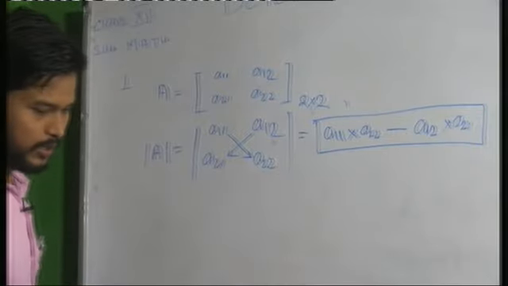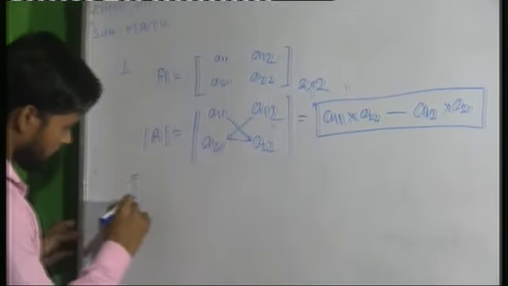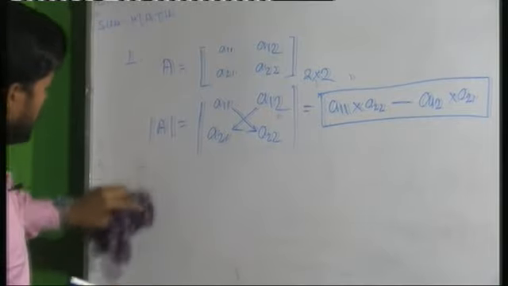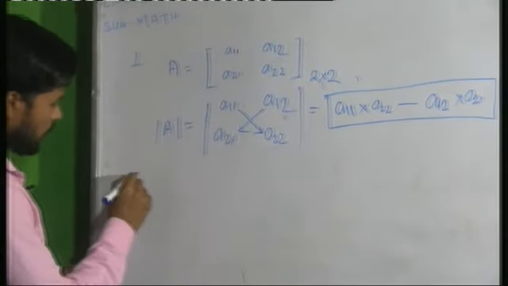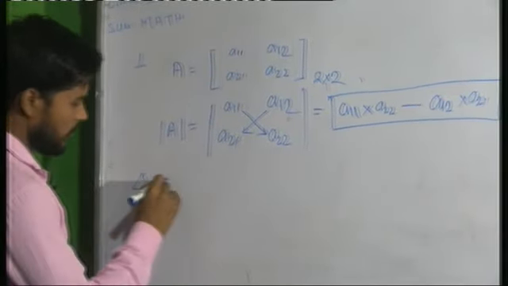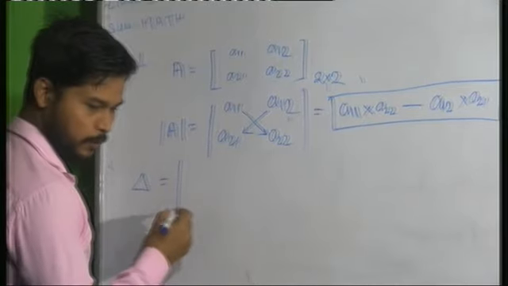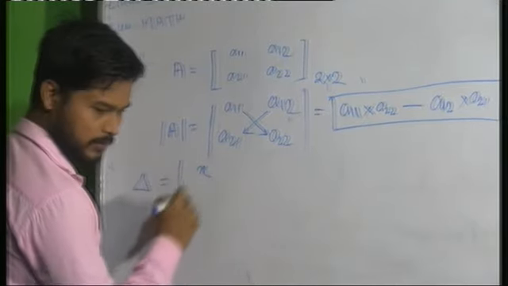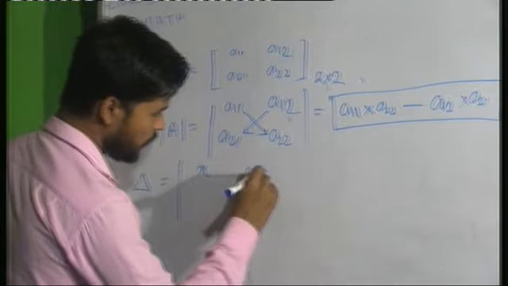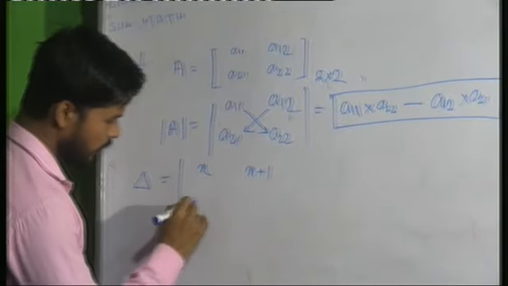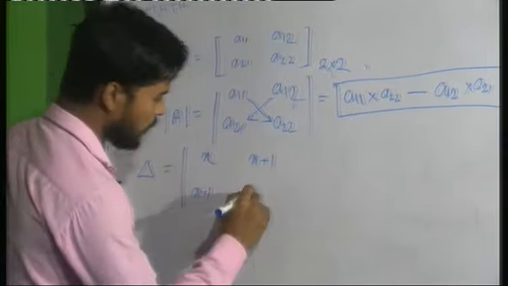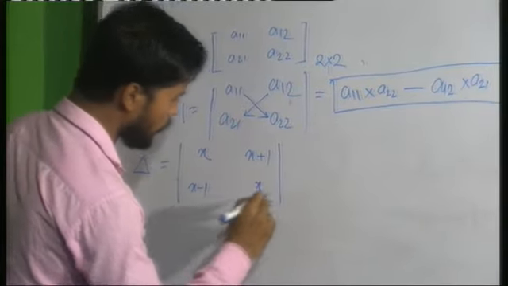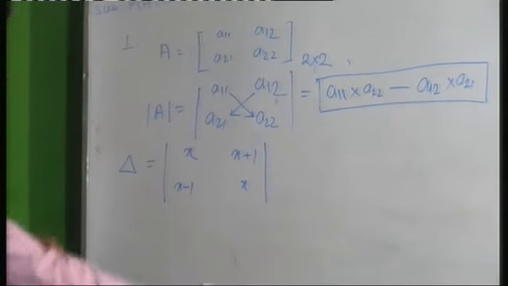Suppose I choose a determinant like that. Let delta be a determinant which is equal to, suppose, x, x plus 1, x minus 1 and x. Now we have to expand this determinant. So I told you the rules.